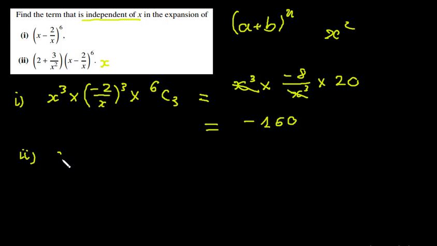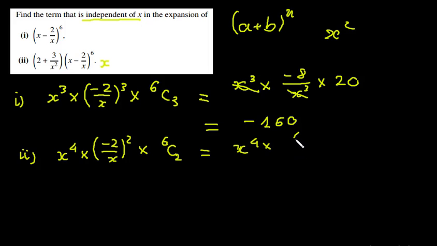Now this is how we can find x squared. x to the power 4 multiplied by minus 2 over x to the power 2, multiplied by 6C2, equals x to the power 4 multiplied by 4 over x squared multiplied by 15, equals x squared multiplied by 60.